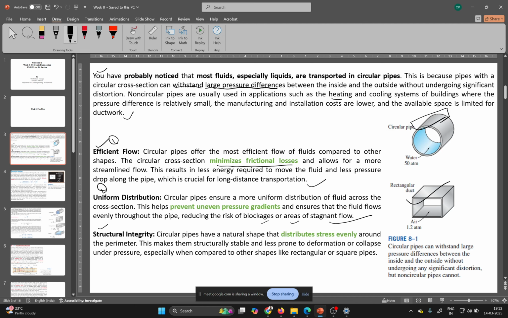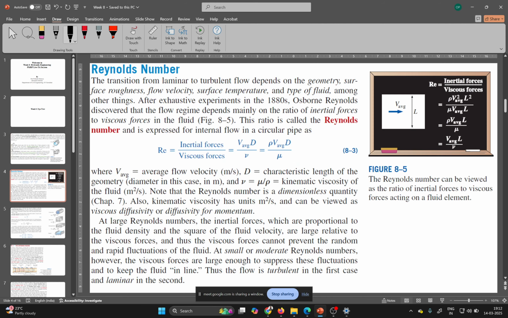Another is structural integrity. The circular pipe has a natural shape that distributes stress evenly around the perimeter. The stress distribution is also good. This makes them structurally stable and less prone to deform or collapse under pressure, especially when compared to other shapes like rectangular or square pipe.